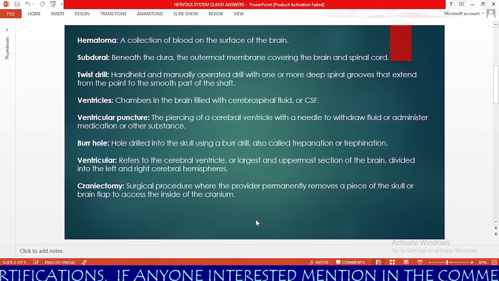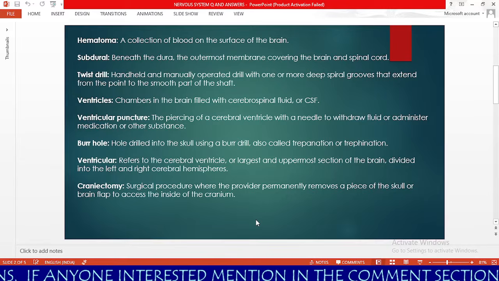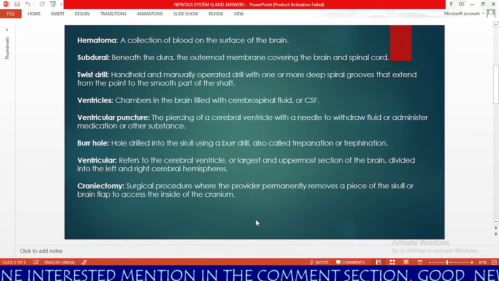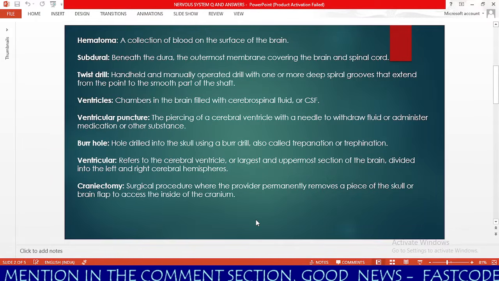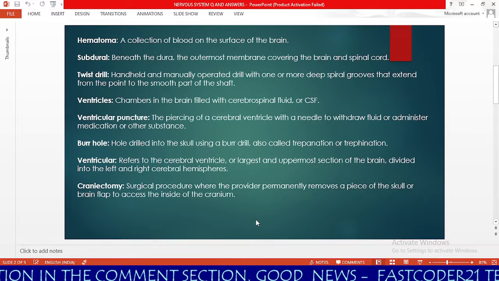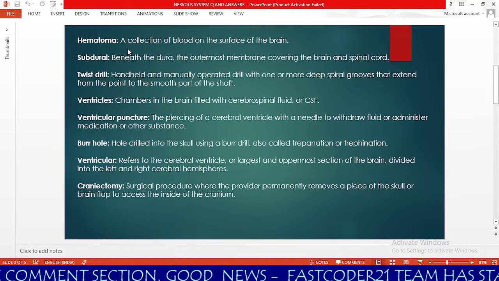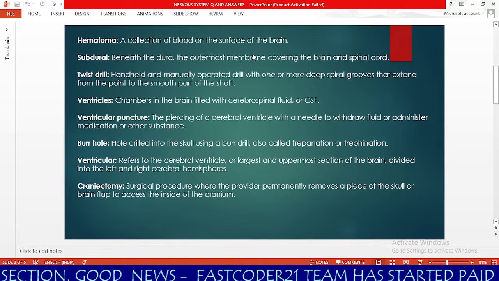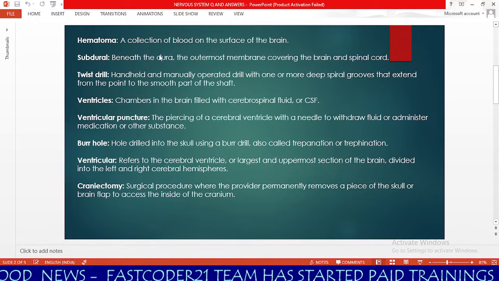So the first question is hematoma. What is hematoma basically? Hematoma is the collection of blood on the surface of the brain. As we are learning the nervous system, most of the anatomy you need to remember here is related to the nervous system. If the patient has any type of blood collection on the brain, we call it hematoma.